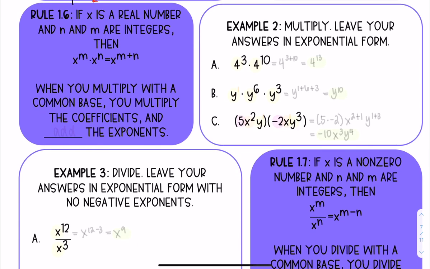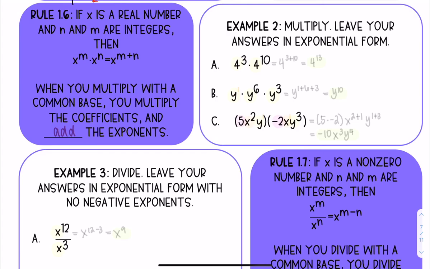Let's look at the next rule. If x is a real number and n and m are integers, then x to the m times x to the n is equal to x to the m plus n. So this is saying when you multiply with a common base, you multiply the coefficients and you add the exponents. So let's try this with example number 2.